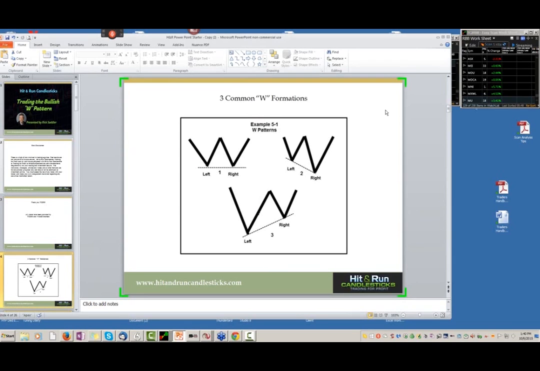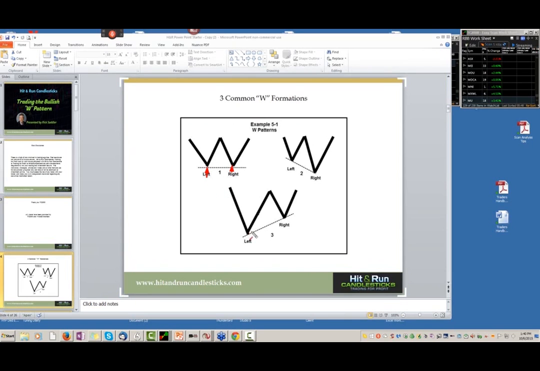So there are basically three common types of W patterns, and right here is what they may look like. This W pattern right here, what I'm trying to point out is we have a low and a low creating a double bottom.